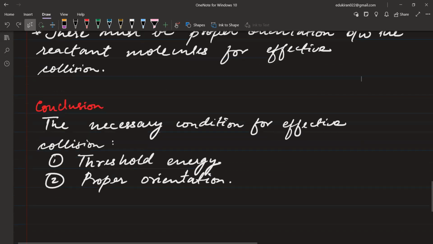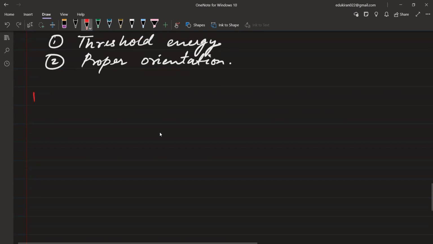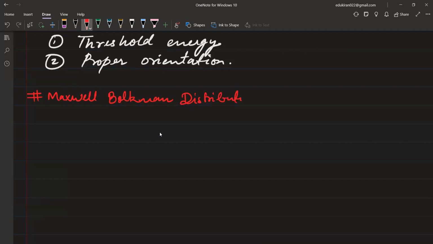Maxwell-Boltzmann distribution. Now, first of all, it is a graph.